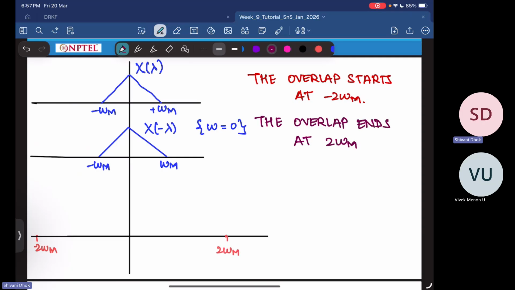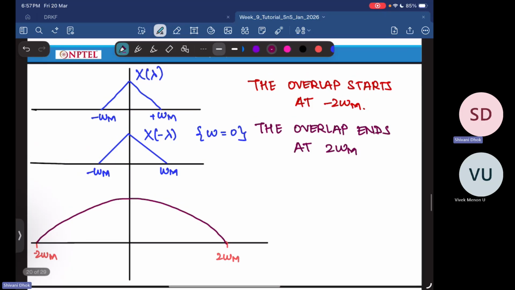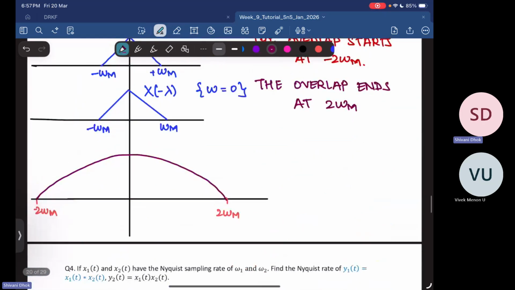So it will be a quadratic function, something like this. Okay, so this is just a representation. This is basically your x tilde of omega.